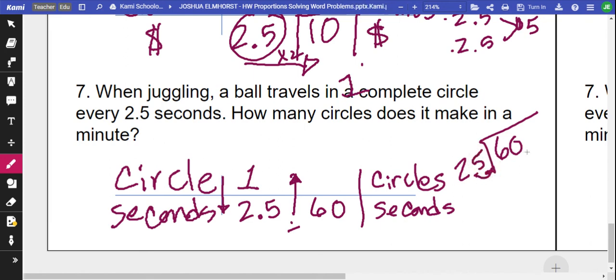Move your decimal over to make a whole number. So now 25 goes into 60 2 times. 2 times 25 is 50. Bring the 0 down. And then 25 goes into 100 4 times.